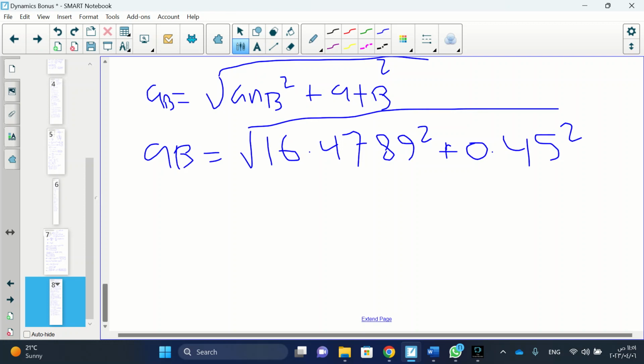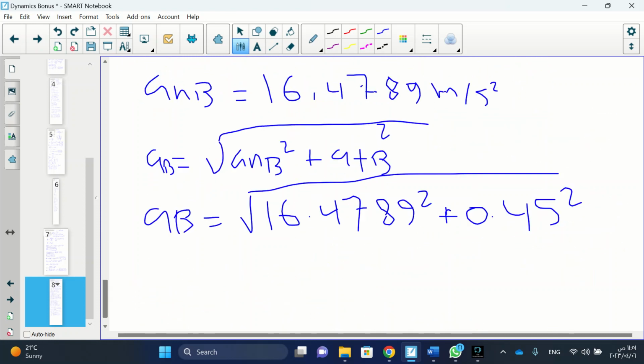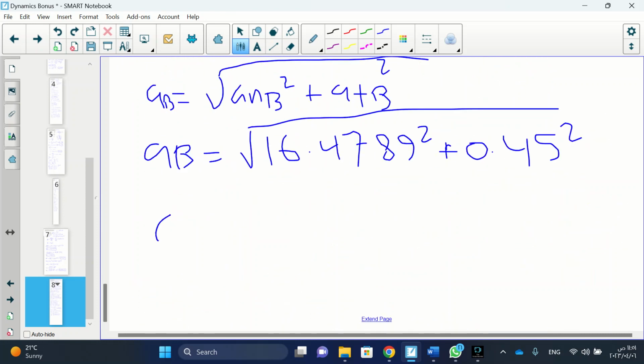We got A normal and A tangential as 0.45. Yes. Okay, so AB will give you 16.485 meter per second squared.